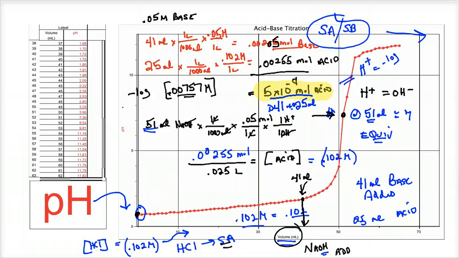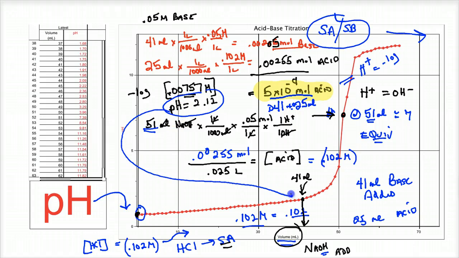Negative log of 0.00757. And I get a pH equal to 2.12.